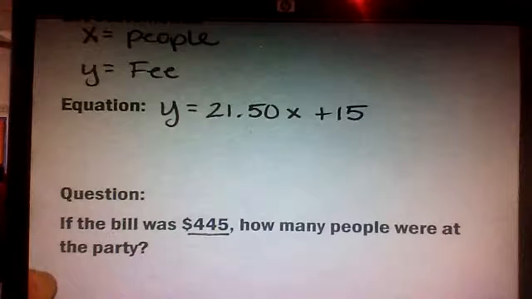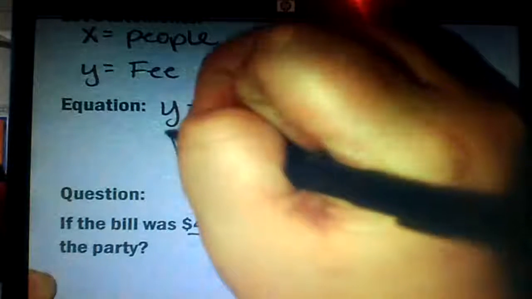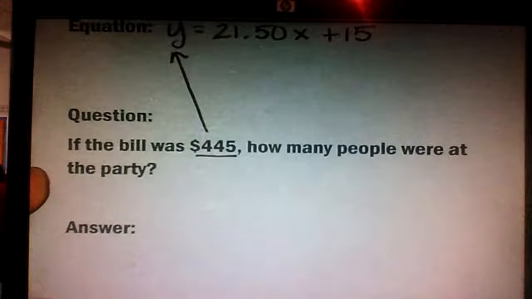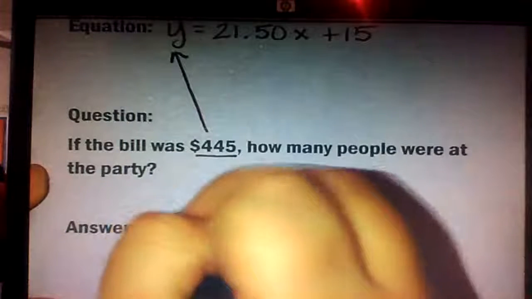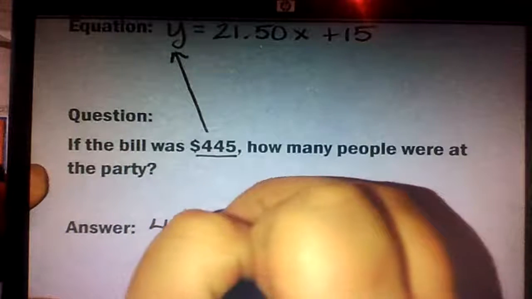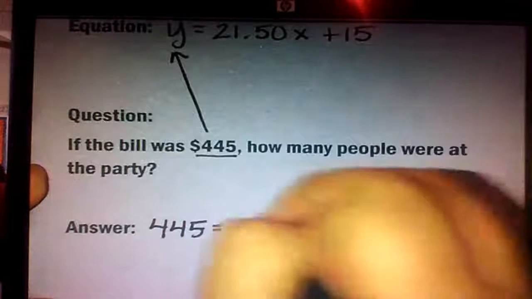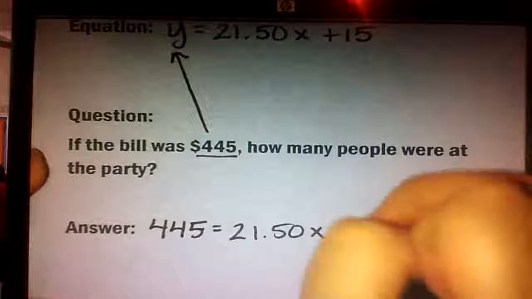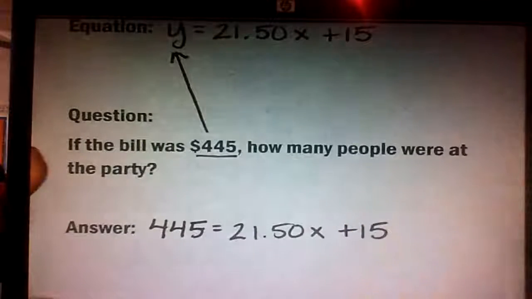That's your fee. 445 is how many dollars you're spending. So you're plugging that in for y. Okay, so your equation's going to look like, instead of y, we're putting in 445 equals 21.50x plus 15.